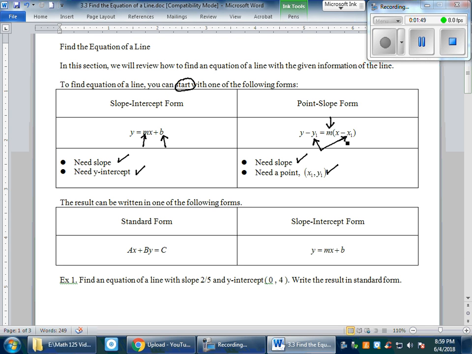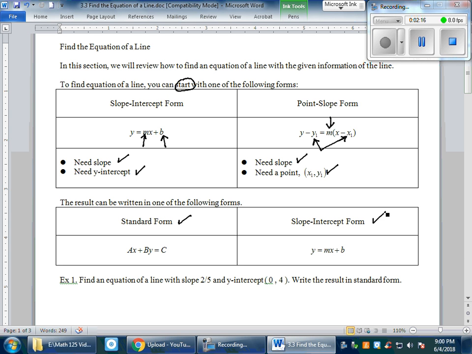But the question will also ask you to end the result in a different form, which is either standard form, that is ax plus by equal to c, both x variable and y variable on the left hand side and a number on the other side, or slope-intercept form, which is y equal to mx plus b.